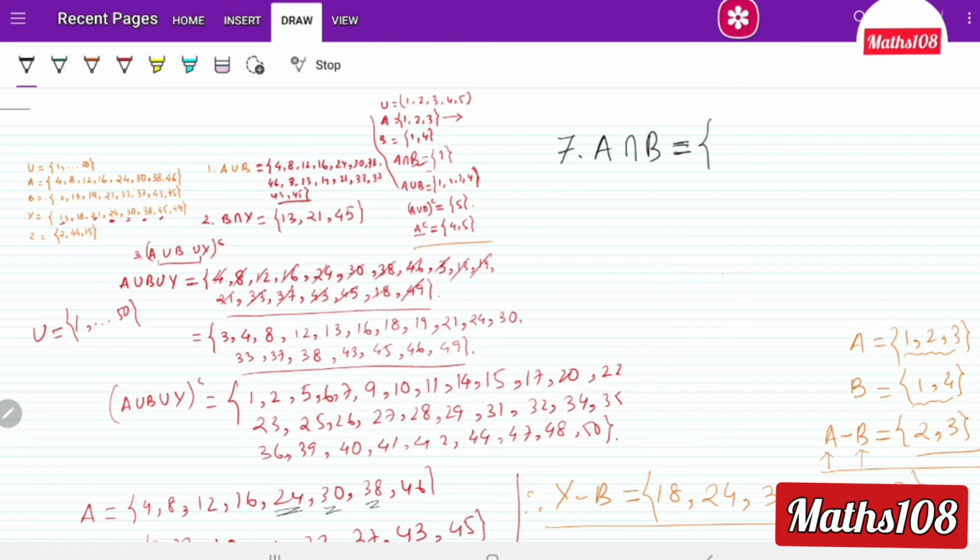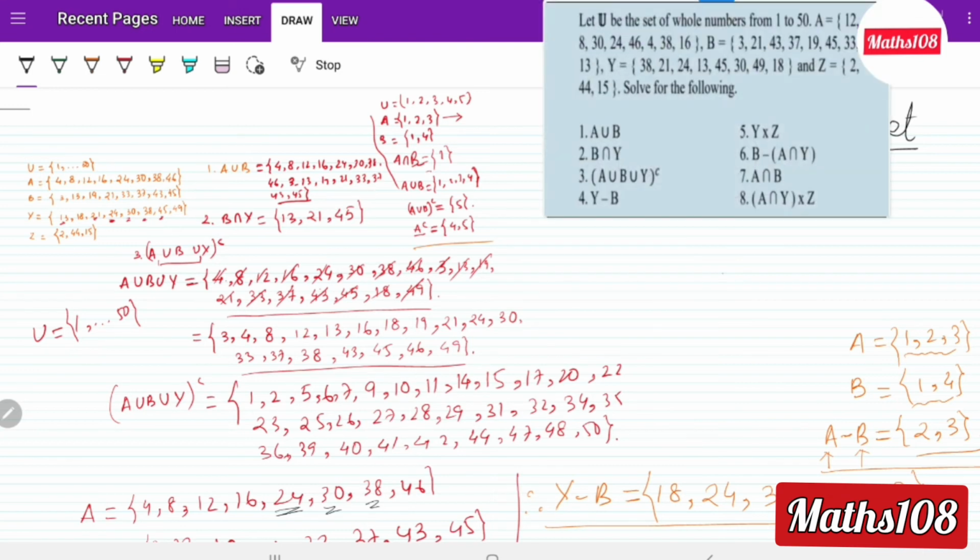So in this case we need to write this. This is called null set. Null set is nothing but there is no element in that set, because there is no common element between A and B, so we need to write the null set.